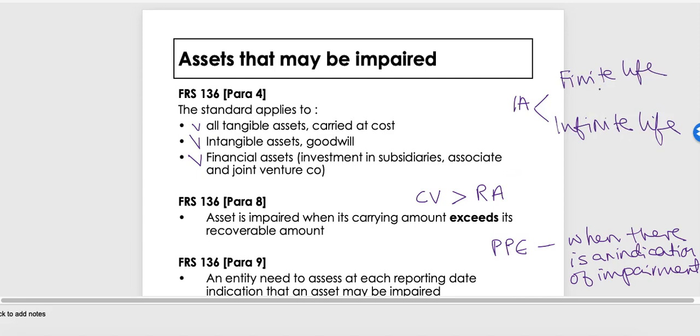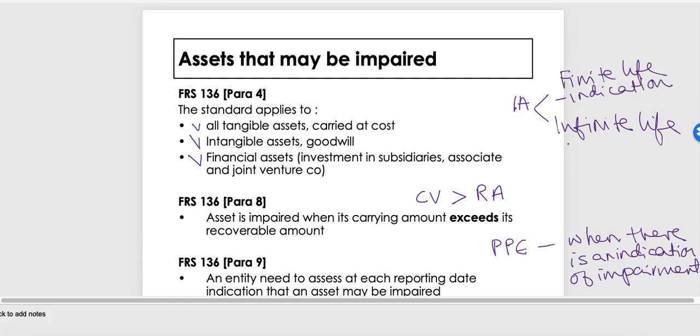Finite life means it has a useful life, so you amortize the intangible asset. In that case, you only do the impairment test when there is indication.